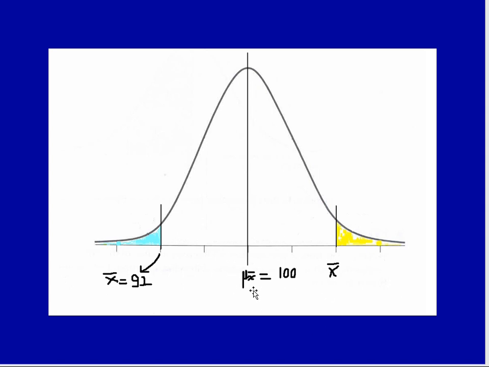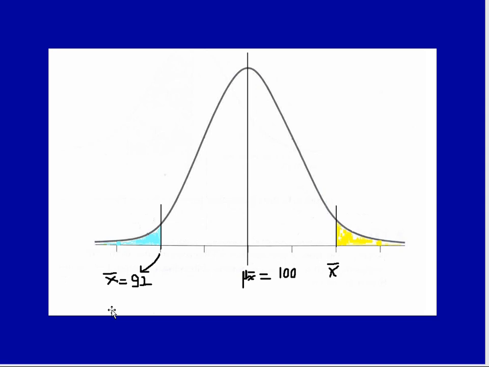If the null is true, the average of the averages, the mu x bar, is going to be equal to 100. And the one I observed, 92, is right here. And therefore, the probability I need to calculate is how likely it is to get a 92 average. What is the probability of getting an average, an x bar, as extreme as 92?